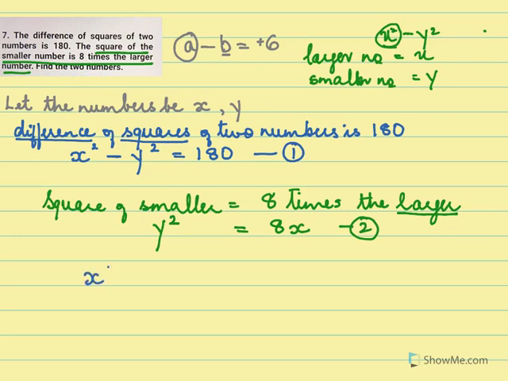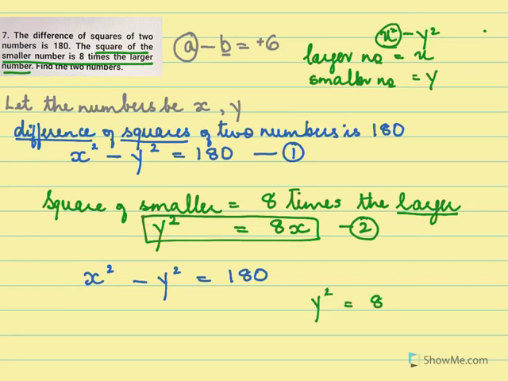Now let me start off with x square minus y square equal to 180, and I am stuck here. Why? I have two variables. I do not know x and I do not know y. But I know the value of y square from equation 2: y square equal to 8x.